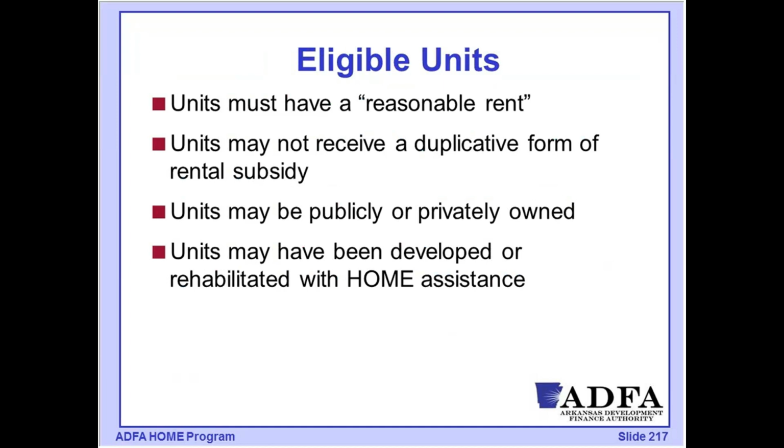So when the tenant goes to look for available units under the TBRA program, there might be an ADFA-funded rental project in the area that has an available unit. That's fine. This is a tenant-driven program, so they can select any unit that's available that meets these criteria.